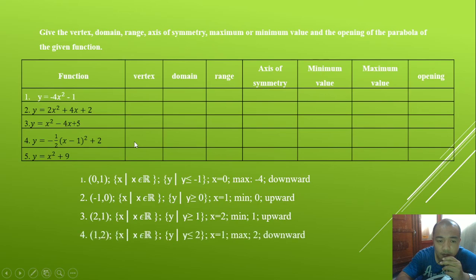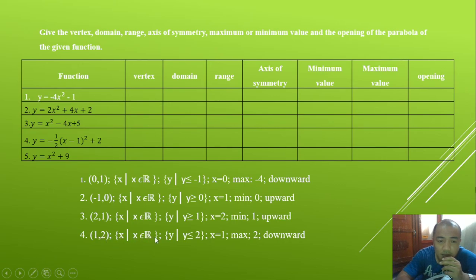Next, number 4. Okay, the given function is in its vertex form, so no need to solve for the vertex using the formula. You can see here 1, 2 is the vertex.